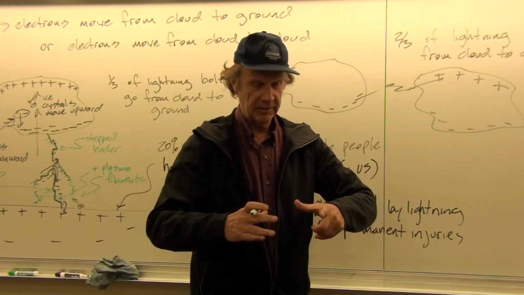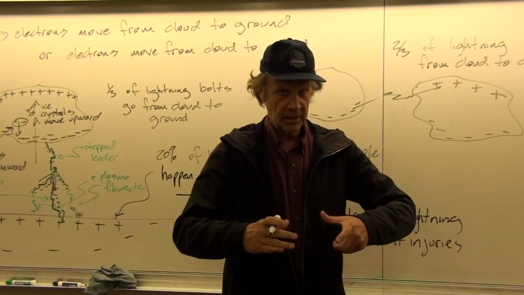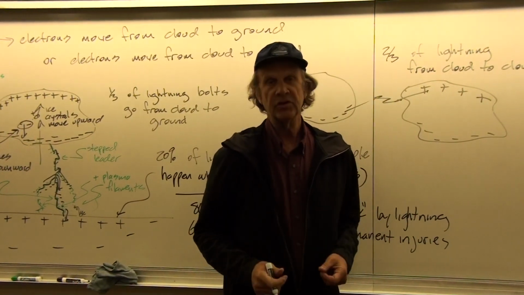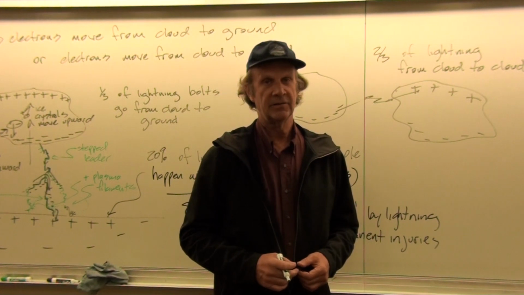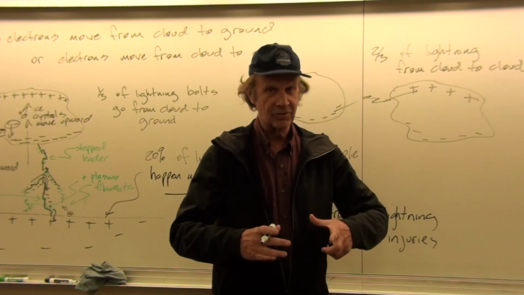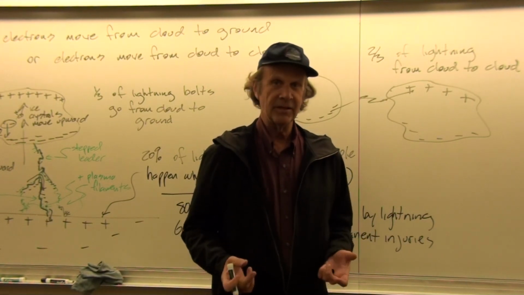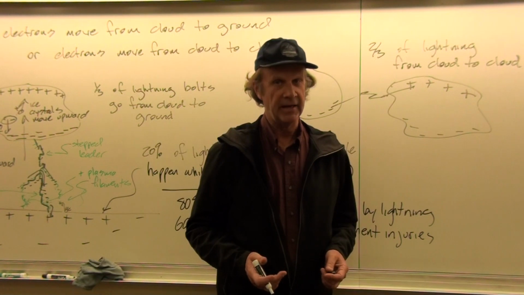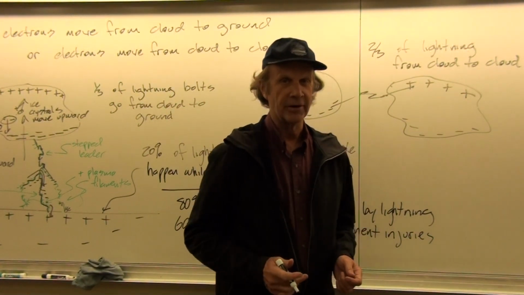The lightning bolt is a few inches across and is at a temperature that's about the surface temperature of the sun. Okay, so we're looking at maybe 10,000 degrees and about this wide. And so if you're hit by something like that, and these electrons perhaps are moving at a third the speed of light, then there's probably not much hope for you.